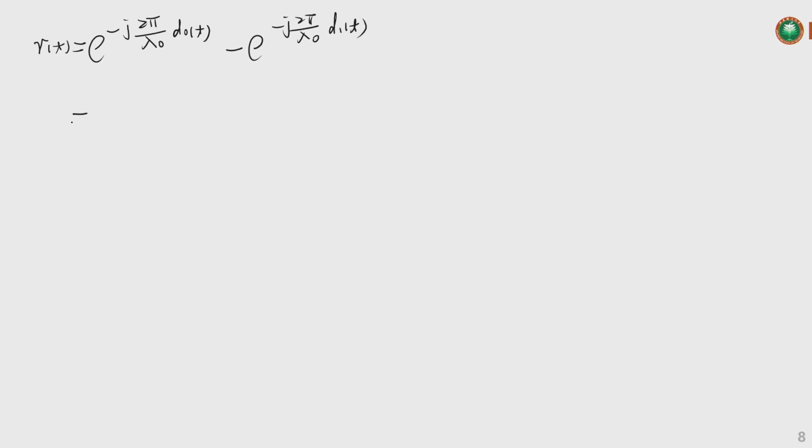So it composes e to the minus j 2 pi over lambda node times capital D plus vt, and minus j 2 pi over lambda node times capital D plus 2 d r minus delta x, all right, minus vt.